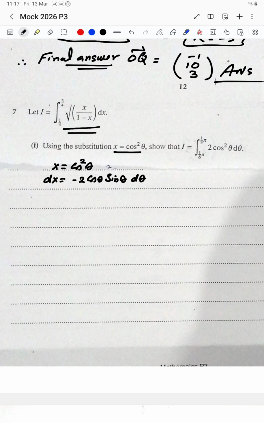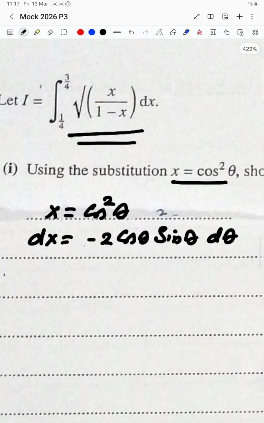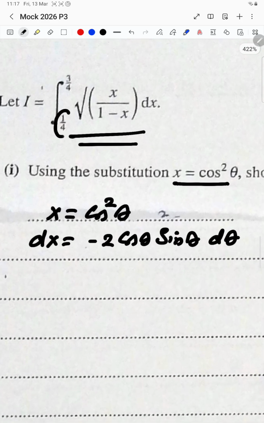So here now, if you can see, when you replace the limits, the actual limits are given here, 1 by 4 and 3 by 4.